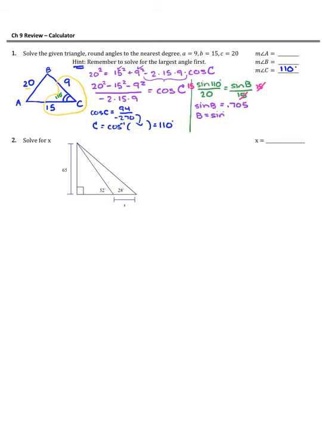So we do the inverse sine to find out what angle B actually is, and we round off to about 45 degrees. And angle A is found by just subtracting from 180. So 180 minus 110 is 70. 70 minus 45 leaves me with 25 degrees for angle A.